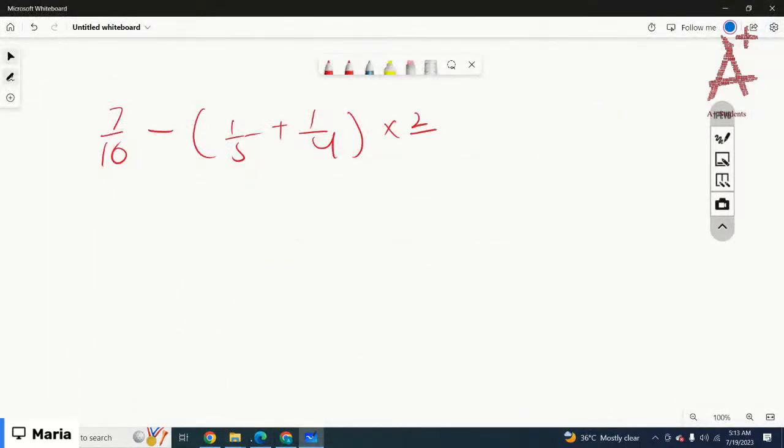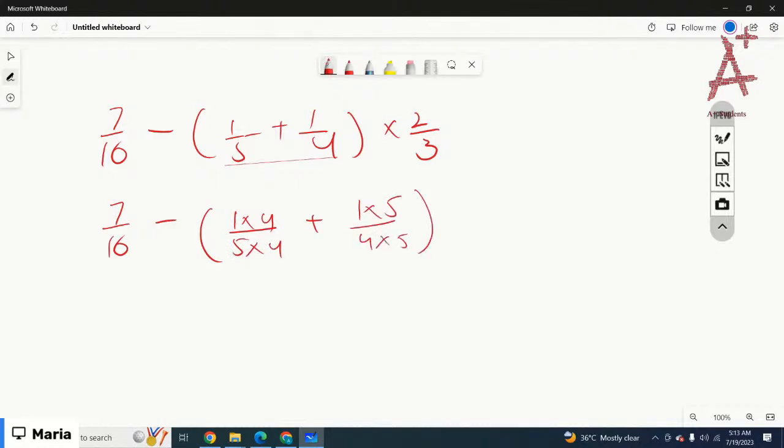First of all, we have to solve this bracket. Got it? 7 over 10 minus. The LCM is 20, the common multiple of 5 and 4 is 20. So 5 times 4 is 20, so multiply this fraction by 4. And 4 times 5 is 20, so multiply this fraction by 5.